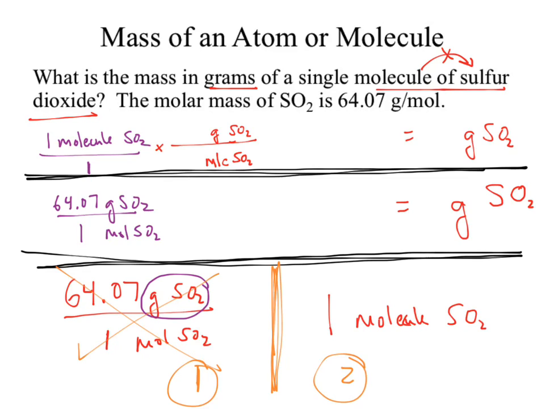Ooh, what is a molar mass? What are the units of a molar mass? Grams per mole. Okay. I have grams per molecule. Is that the same thing as grams per mole? No, why not?